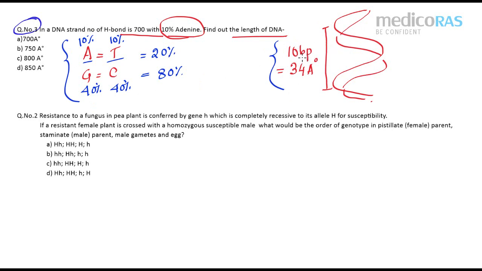So this is the basic concept that I obtained from the DNA helical structure. Now let me consider that 10 base pair means what? 10 base pair means 20 nucleotides, right? Because one base pair has 2 nucleotides, so 10 base pairs have 20 nucleotides. So out of that 20 nucleotides, if we have 10% as adenine, that means how many adenine nucleotides do we have? 2 adenine. Understood my point? And like that, thymine number is also 2, correct?